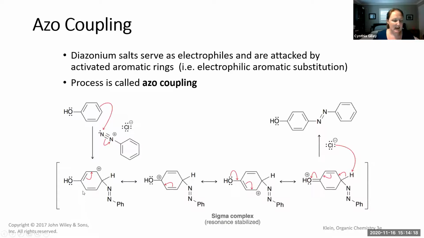It does lack aromaticity, so the ring is currently not aromatic, but it is highly resonance stabilized, so it's not too high in energy and can form fairly readily. And then in the last step, we just have proton transfer by some sort of base. They're showing chloride in this example, but these are commonly prepared in aqueous solution. So the base could also be just a simple water molecule.